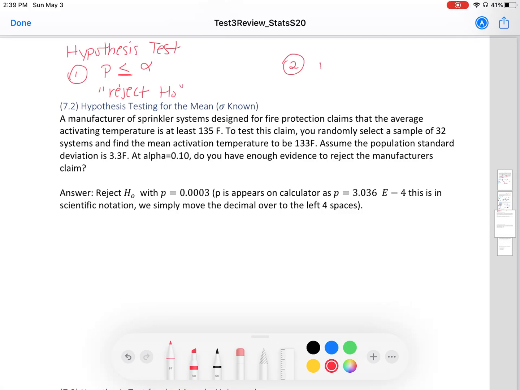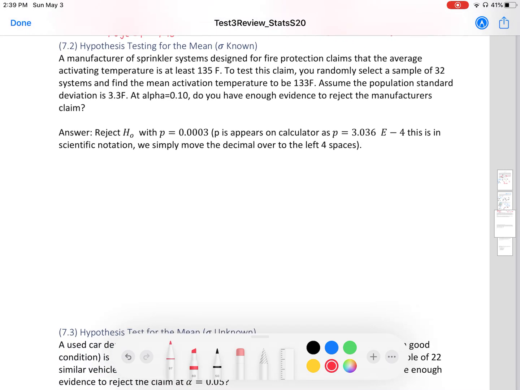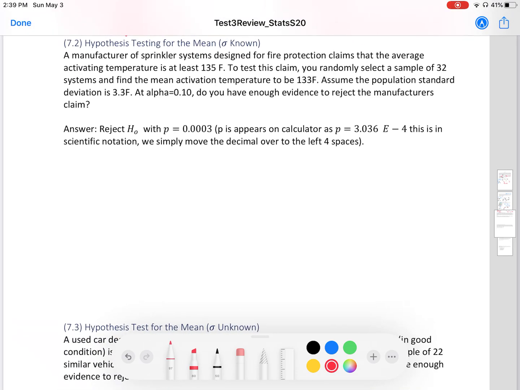Our second option, if P is greater than alpha, you're going to fail to reject. And those are our only options. We're going to be using those 2 inequalities, so have them handy. All right, just like confidence intervals, we're going to have those same types of problems, but using hypothesis testing. Let's go ahead and do that 7.2 problem.